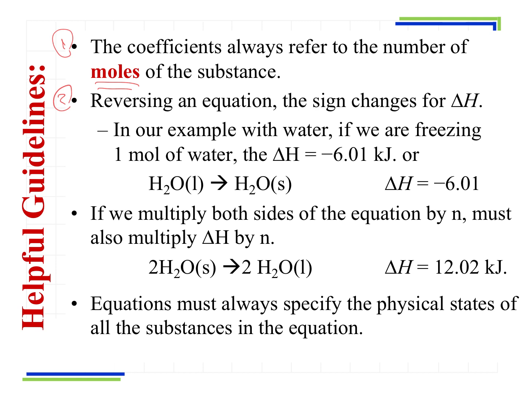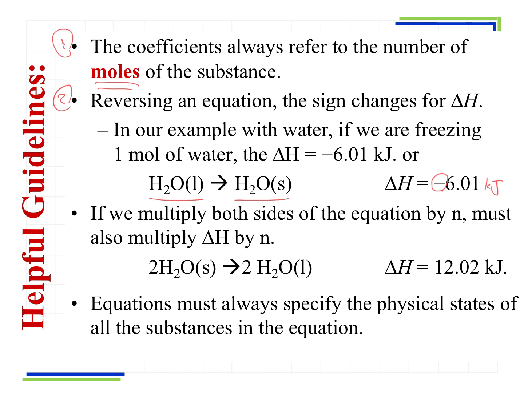If you reverse the equation, asking how much energy 1 mole of water gives off to turn into 1 mole of ice, the delta H changes sign. So H2O liquid to H2O solid, now the delta H is negative 6.01 kilojoules. When you reverse an equation, you have to change the sign of delta H.